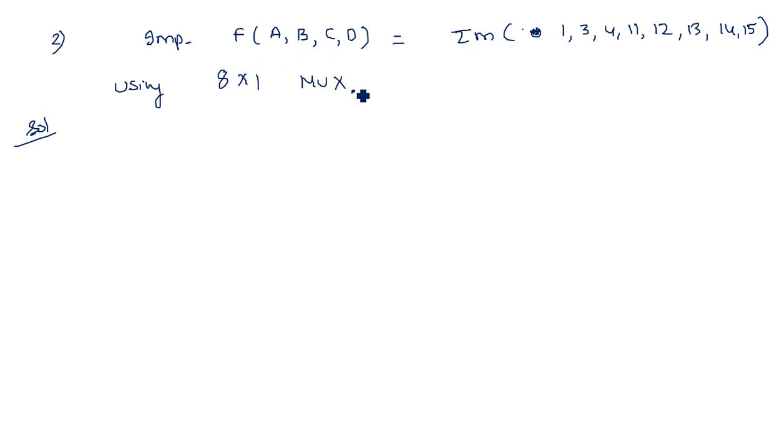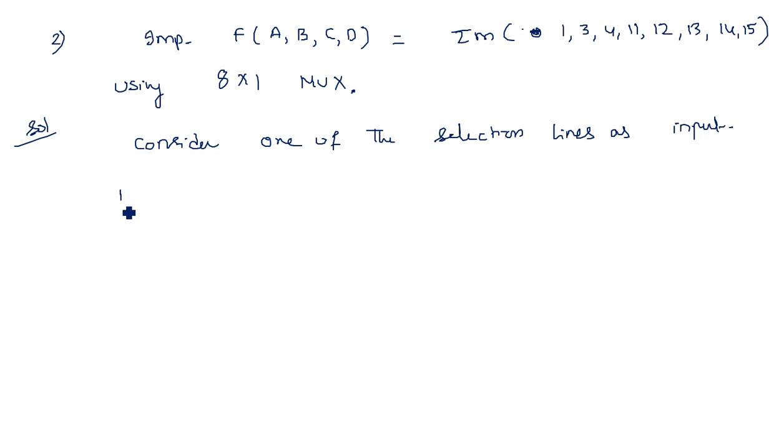That will give you the exact replication of what the question asks for. But now the condition is that you have to implement this 16 by 1 multiplexer using an 8 by 1 multiplexer. What do we need to follow? We should consider one of the selection lines as input.